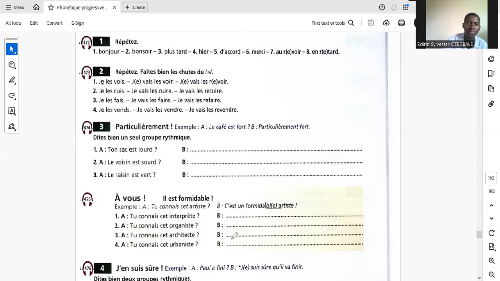Je les fais, je vais les faire, je vais les refaire. 4. Je les vends, je vais les vendre, je vais les revendre.